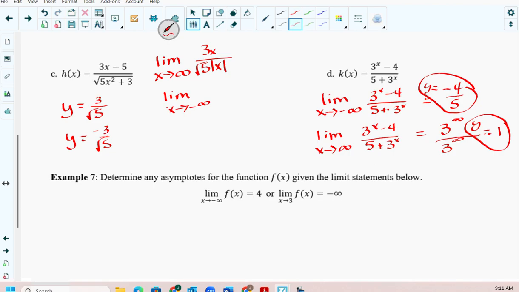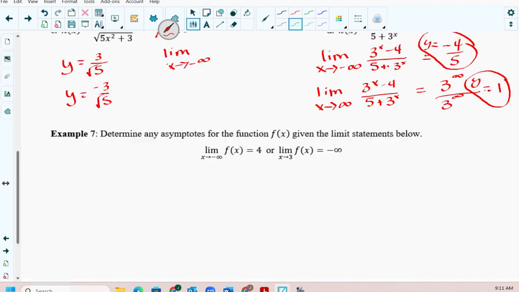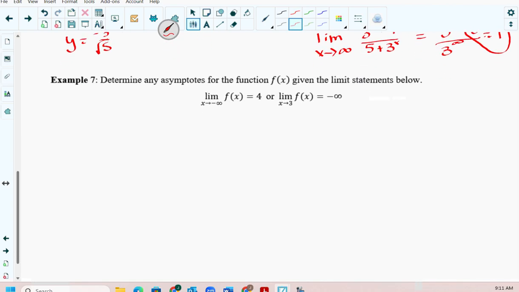All right, determine any asymptotes given this statement. This is our last one, guys. All right, the limit as x approaches negative infinity equals 4, and the limit as x approaches 3 equals negative infinity. So you guys think about it for a minute. What sort of asymptotes do we have? Do we have a horizontal? Do we have a vertical? What do we know?